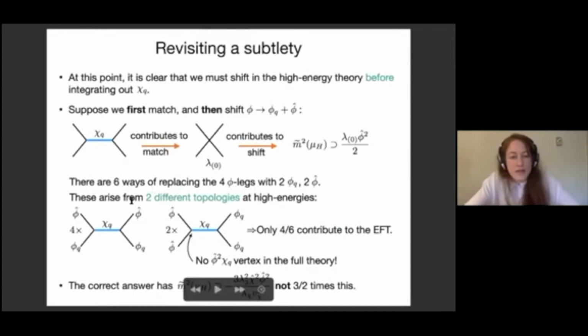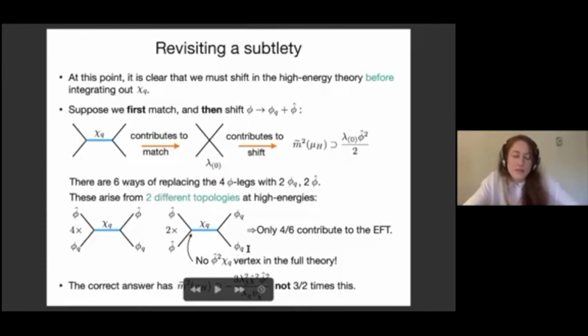So there are 4 types of diagrams that this could have come from if I'm just tracing back to what this would have come from at high energies, where the 2 phi quantums are on opposite sides of the chi propagator, of the heavy propagator. And then there's 2 types of diagrams where the phi quantum is on the same side as the heavy propagator.